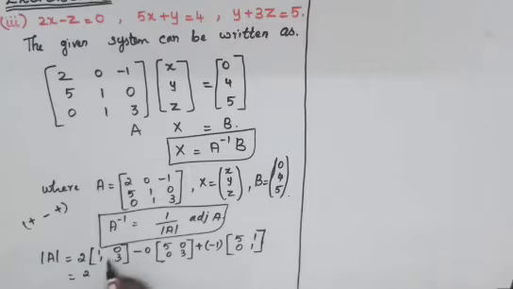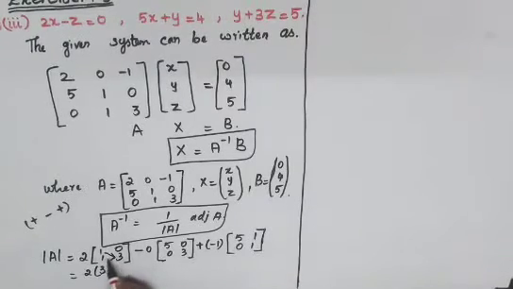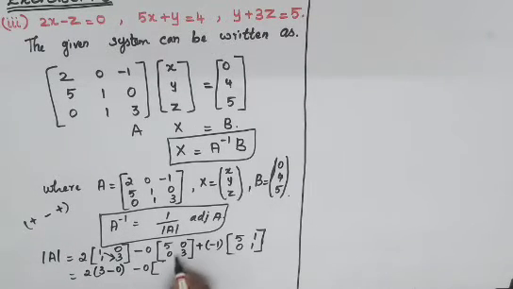So 2 into 1 into 3 you will get 3. Minus, from your format, 1 into 0 is 0. Minus 0 into 5 threes are 15. Minus 0. Then this will become plus into minus, minus 5 ones are 5, minus 0.